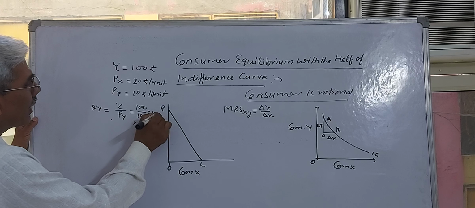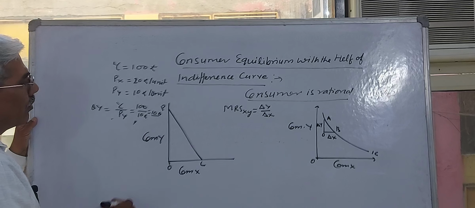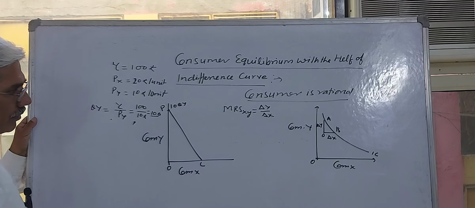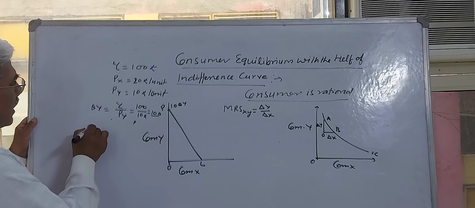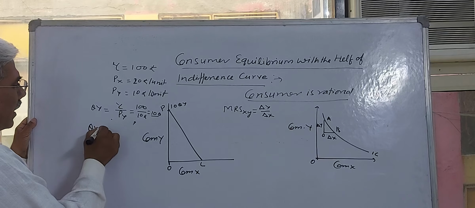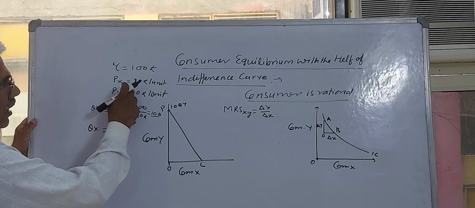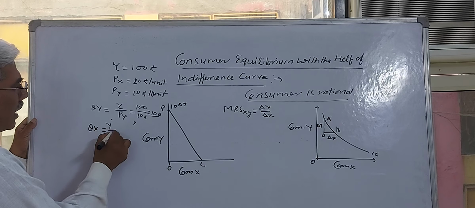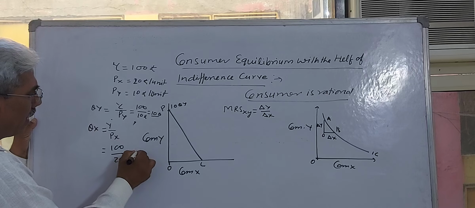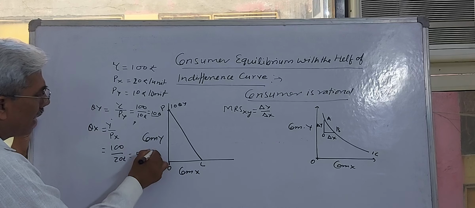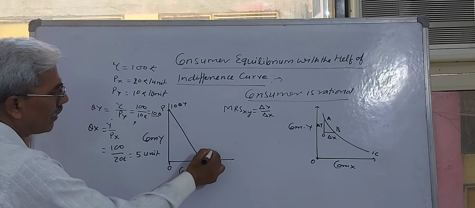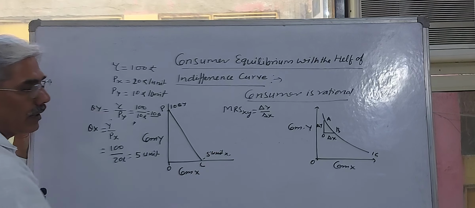It means he will purchase 10 units of commodity Y. Suppose this is the 10 units of Y. If he spends the total money on the purchase of X, then the quantity of X purchased will similarly be income upon price of X, equal to 100 upon 20 rupees per unit. That is 5 units of commodity X he can purchase. Now suppose this is the 5 units of X.